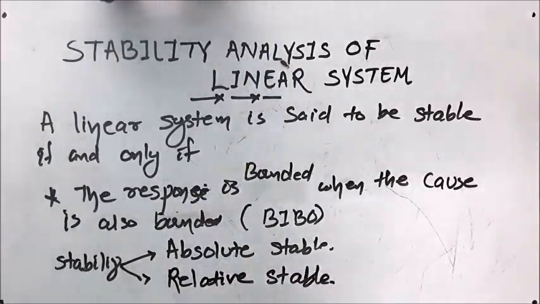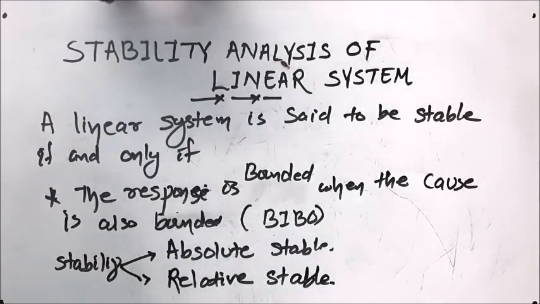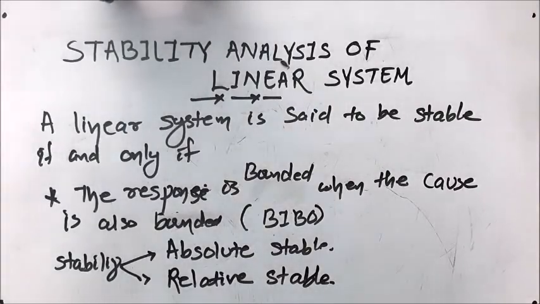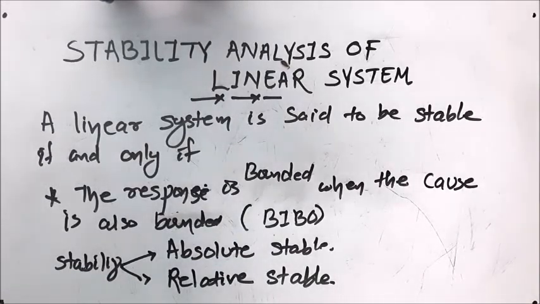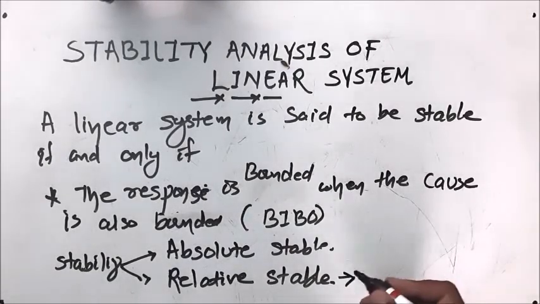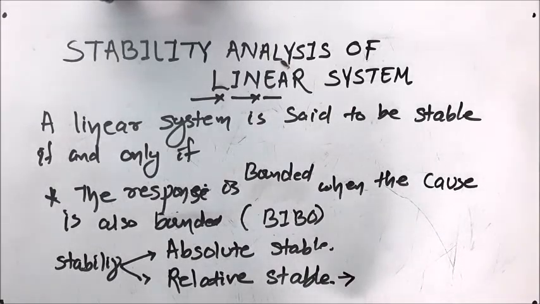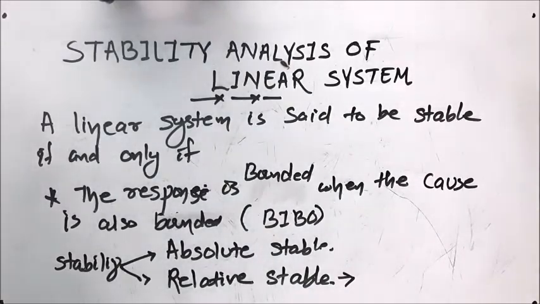So what is absolute stable? This relative stable is also called the asymptotic stable or zero input stability.